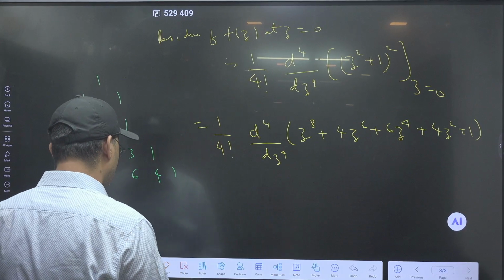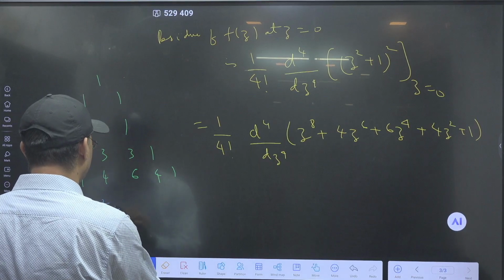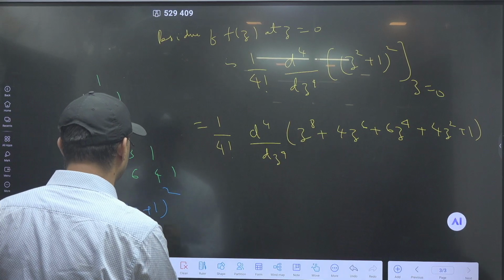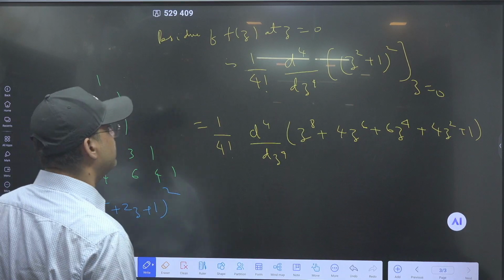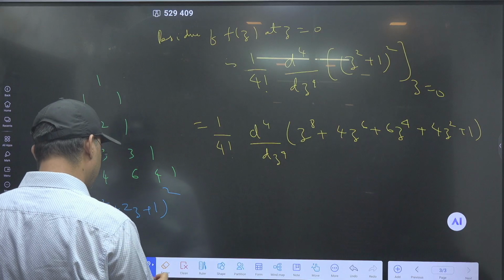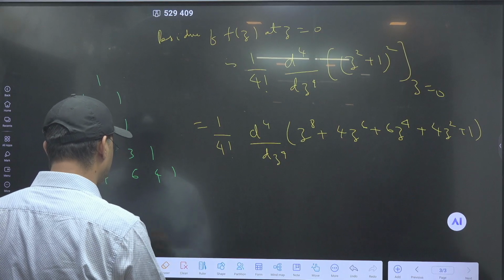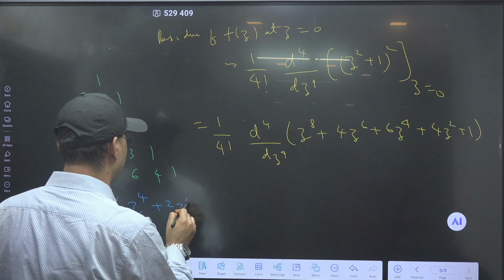Also, what you can do is take the square of this. So a plus b plus c whole square. What is the square of this? z square plus 1 whole square is nothing but z to the power 4 plus 2 z square plus 1.